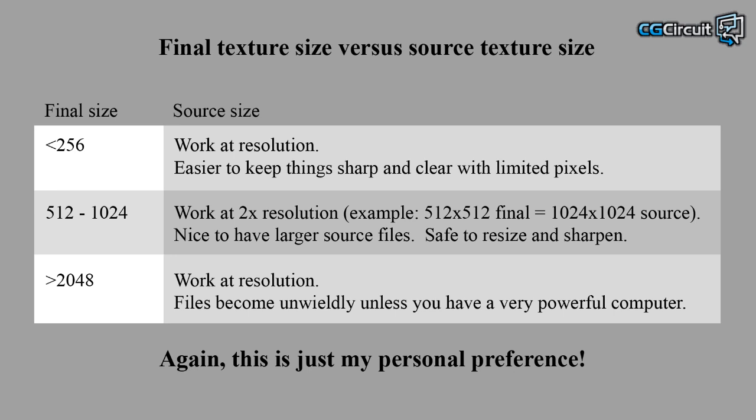Once you start getting into textures that are 2K or larger, then I start to work at that resolution again, because the files just become really unwieldy. Unless you have a very powerful machine with tons of RAM, working with 4K texture maps with tons of layers can really kill your machine, and everything will slow down.